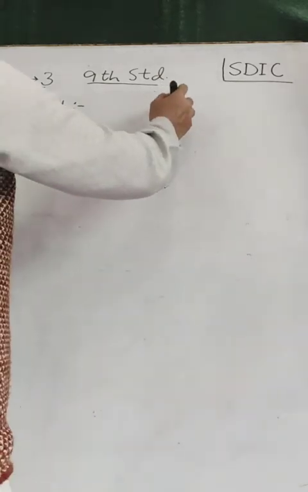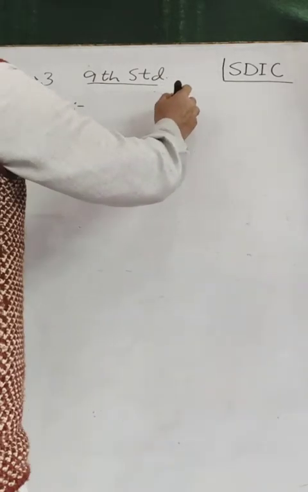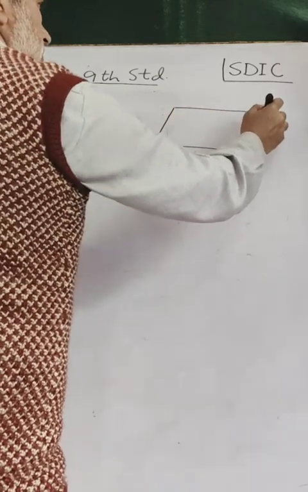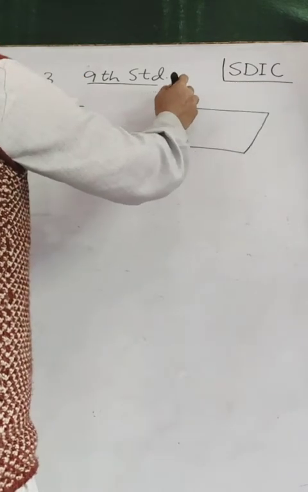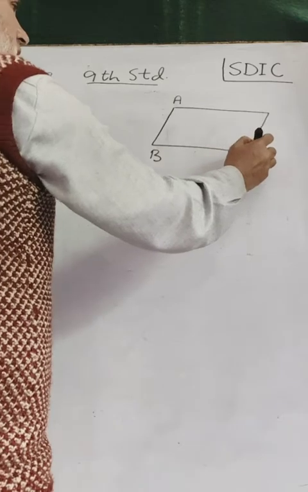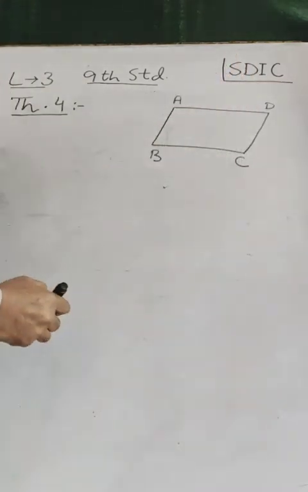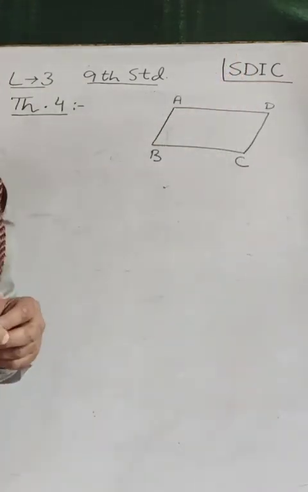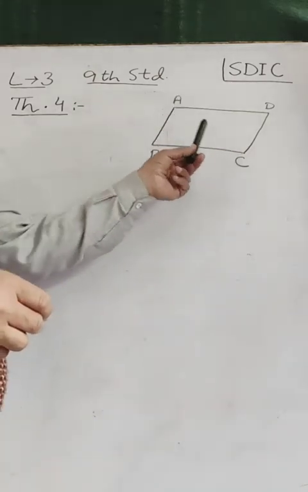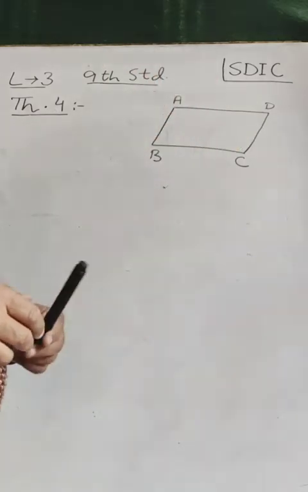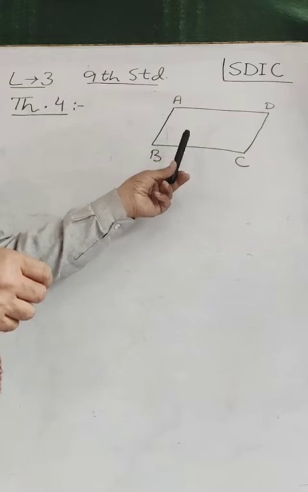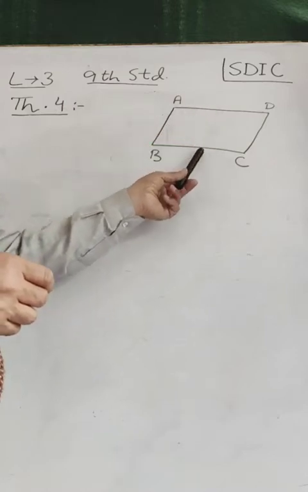Let us draw the diagram. A parallelogram is there. As usual, like the previous case, we'll call this ABCD. We know it is a parallelogram. We have to prove its opposite angles are equal. Angle A we have to prove is equal to angle C. Angle B we have to prove is equal to angle D. Knowing it is a parallelogram, by definition, we know its opposite sides are parallel.